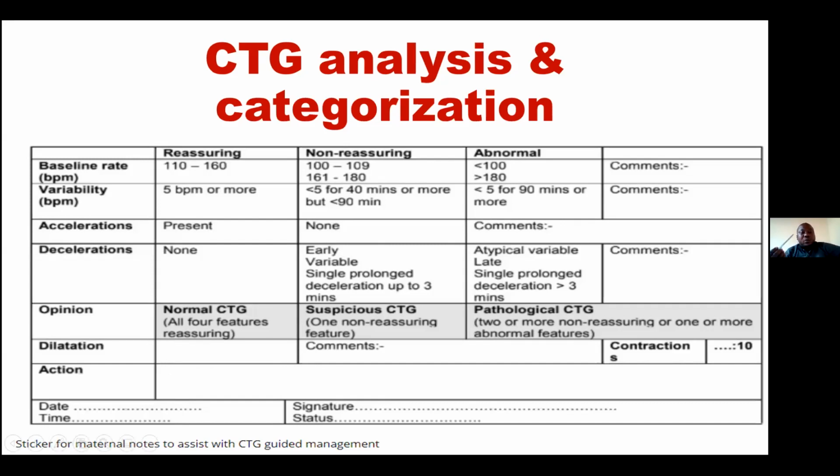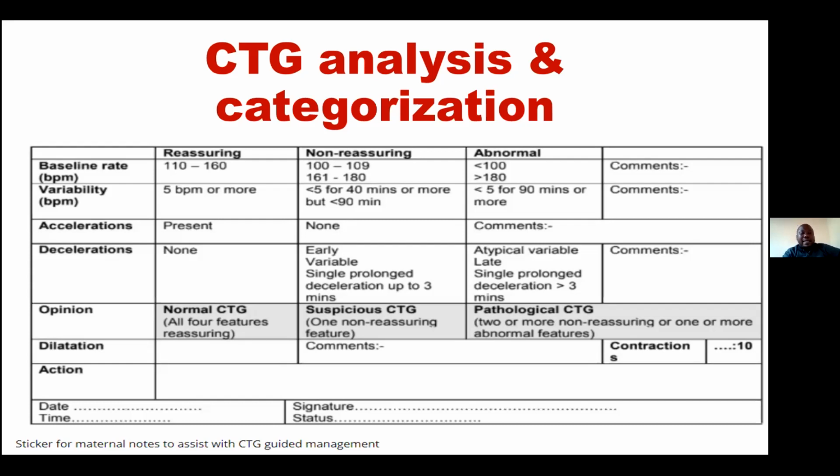If you have a normal fetal heart rate, variability of 5 to 15, acceleration of the fetal heart rate, and you don't have deceleration, your CTG is normal. Your CTG will be abnormal when you are outside the normal limit of the baseline heart rate, and also when the variability is beyond the limit of 5 to 15, as we said.